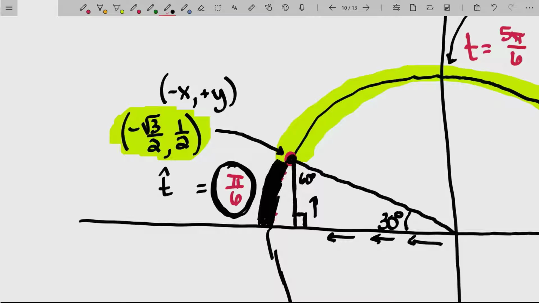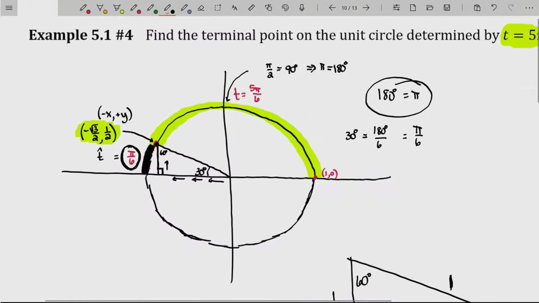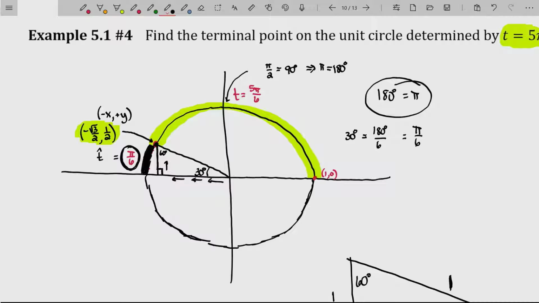And I will commonly just switch into calling it reference angle almost all the time, just because of a habit that I have. But that is really the basic idea. Draw out your arc length t, and then figure out what's the fastest way to get to the x-axis. That fastest distance along the arc to the x-axis is called your reference number.